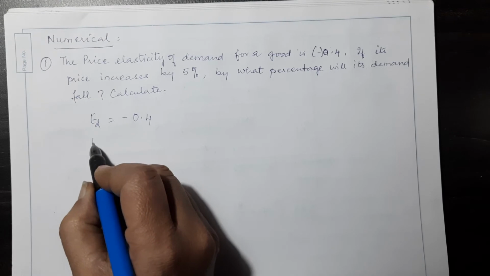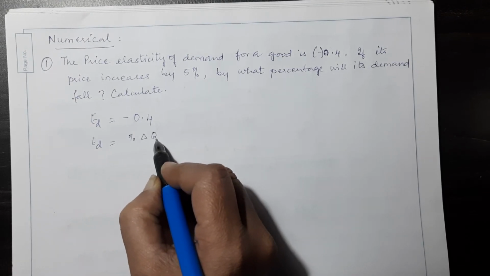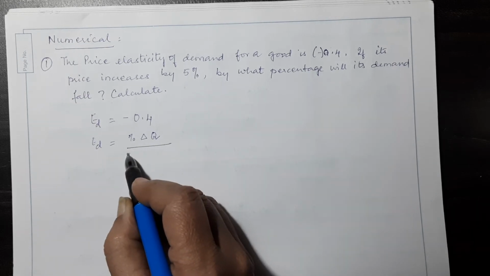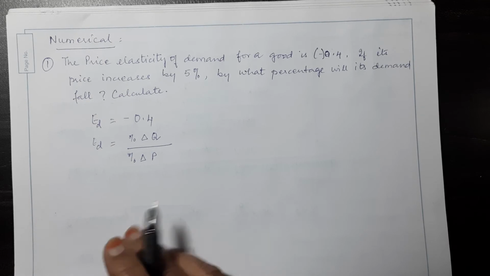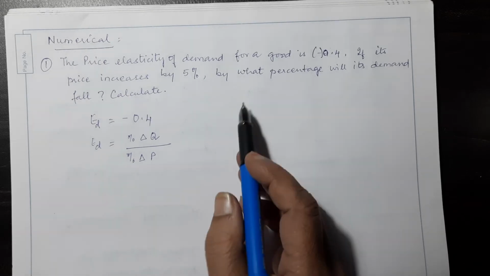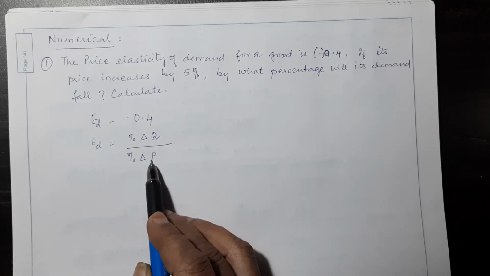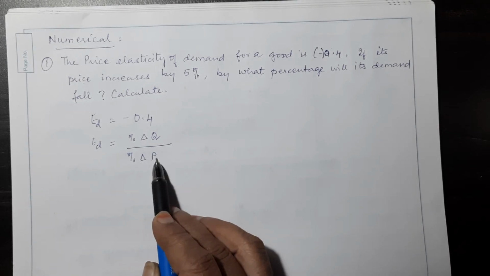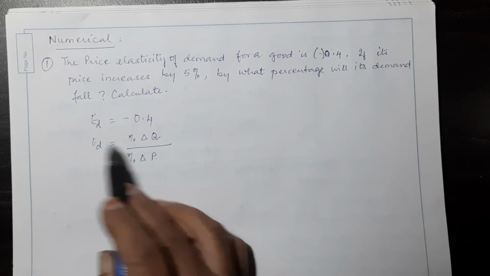Now what is ED equal to? ED is equal to percentage change in quantity demanded, I am writing in short, divided by percentage change in price, isn't it? Now what we have to calculate is, we are given price is increasing by 5%. So we are given percentage change in price, and we have to calculate percentage change in quantity demanded. So we will rearrange it.